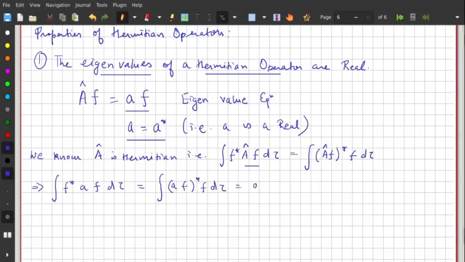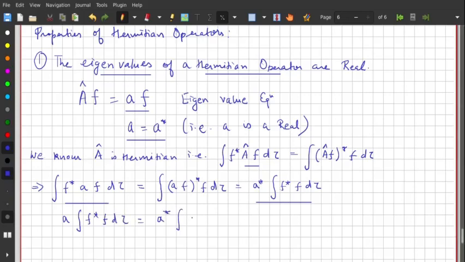This becomes a star times the integral of f star f d tau. If you compare these, a times the integral of f star f d tau is the same as a star times the integral of f star f d tau.